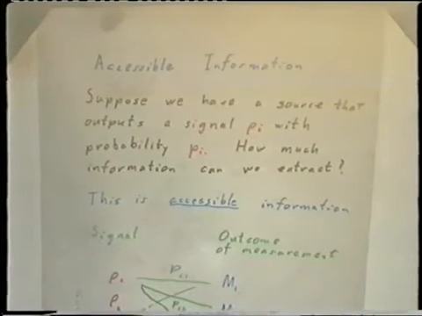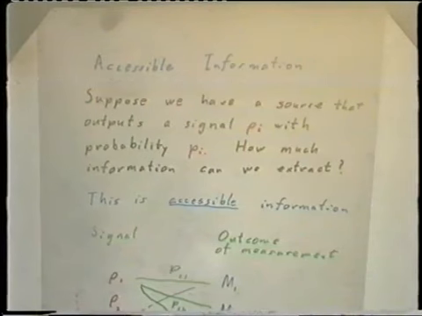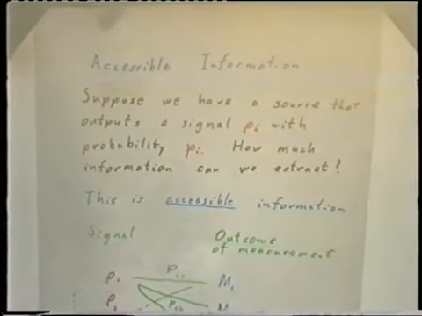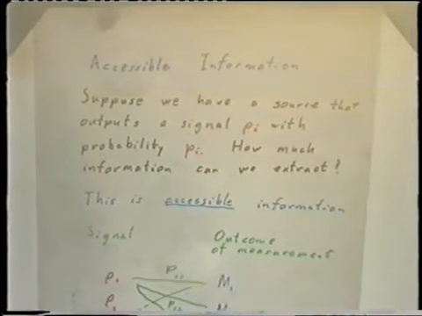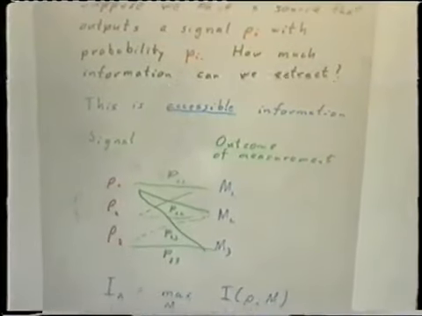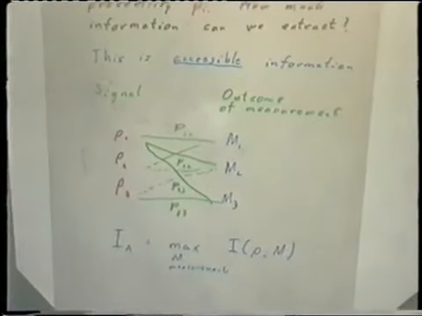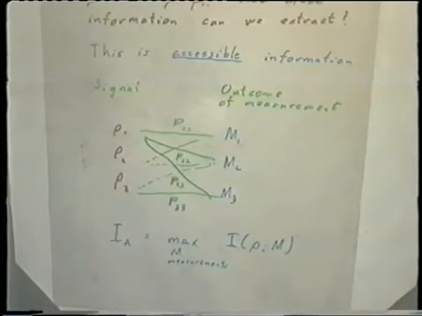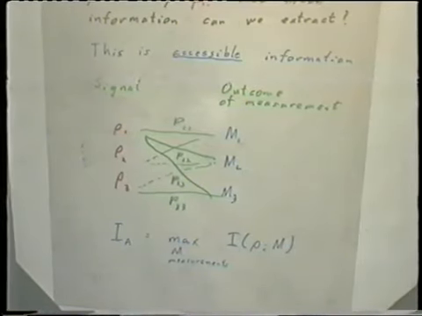Right. This is known as the accessible information, and the definition of this is you have these quantum states, and you have possible measurements, and I'll put up that slide later.